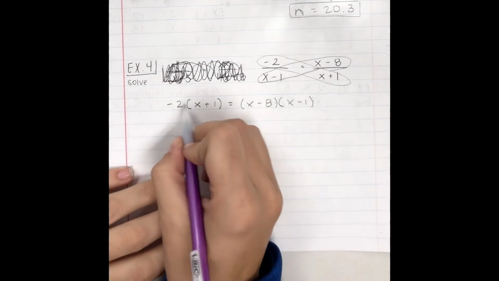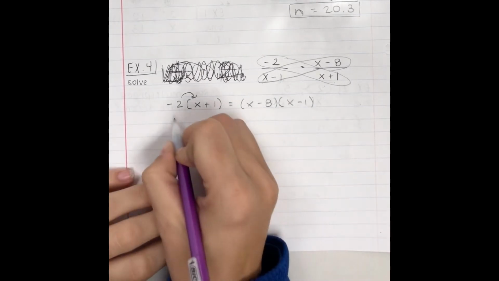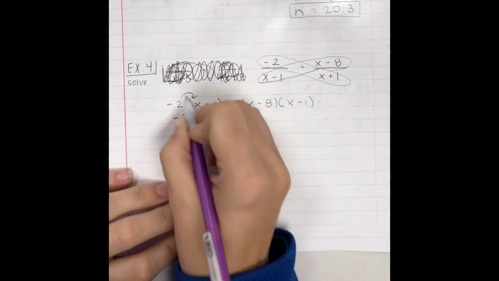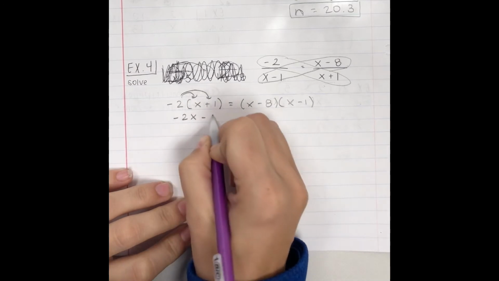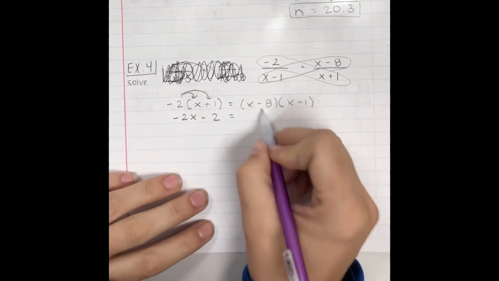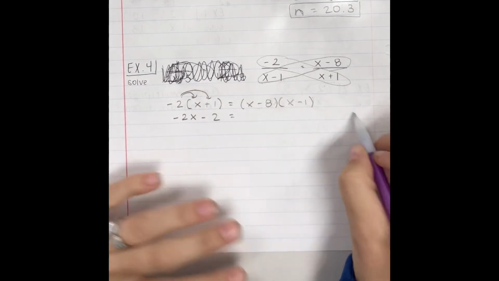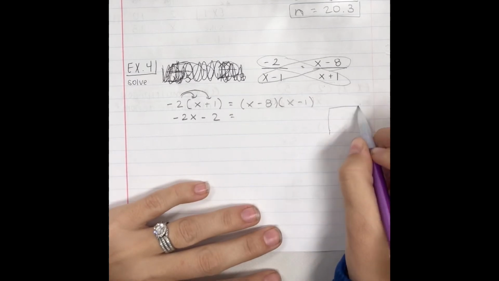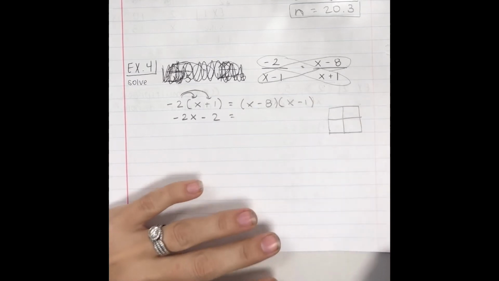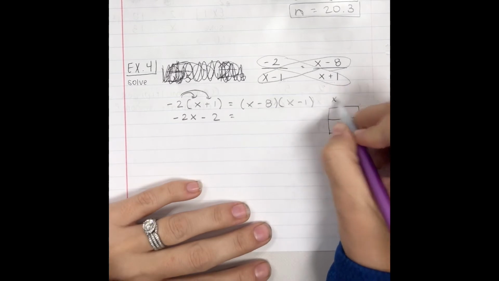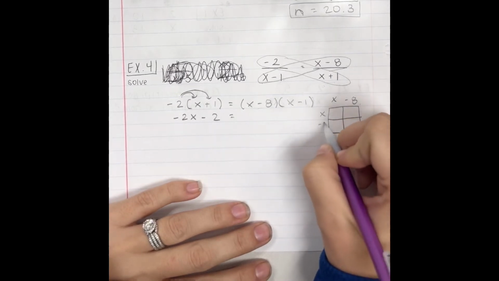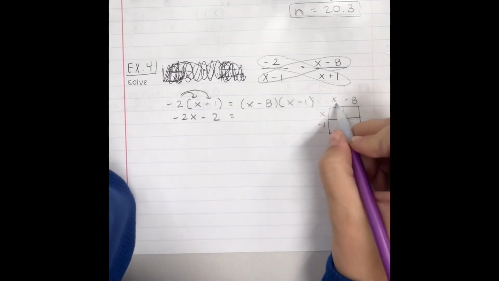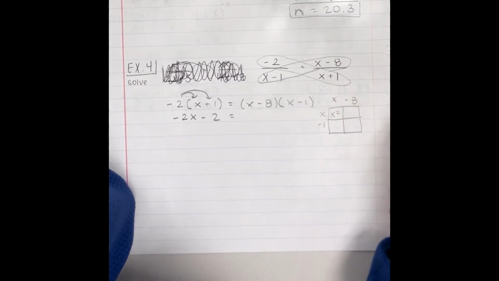So I'm going to go ahead and distribute. Negative 2 times x is a negative 2x. Negative 2 times 1 is a negative 2. And then with this one, I have a binomial times a binomial. Hopefully y'all remember when we multiplied these using our x box. So I'd have x minus 8 times x minus 1. X times x gives us x squared.